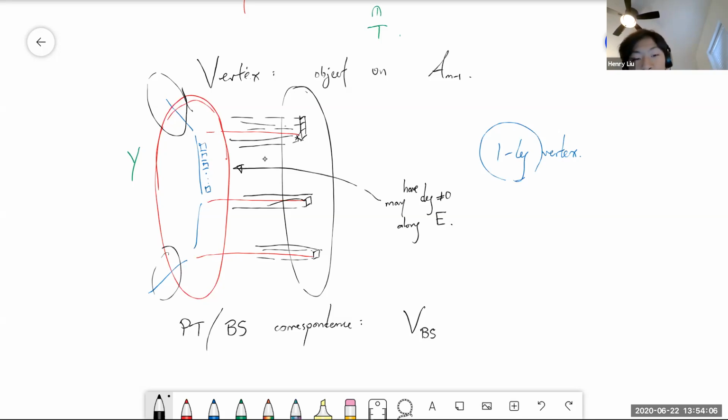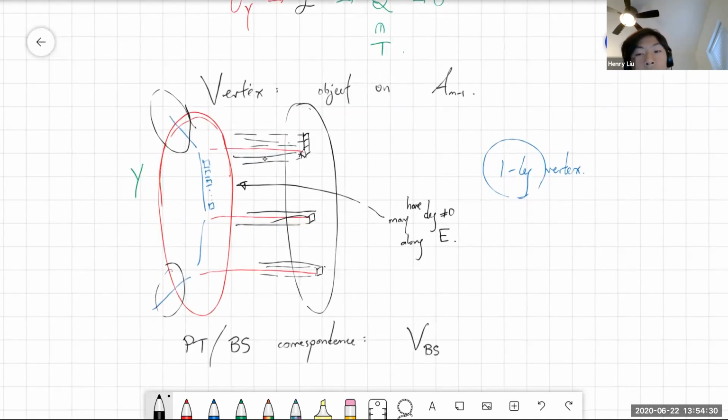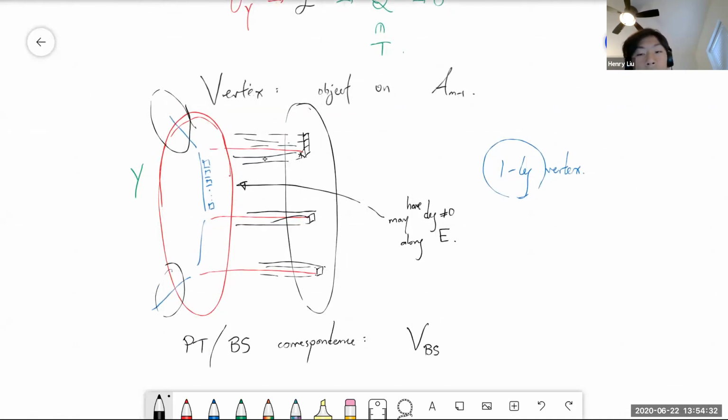Of course, in terms of actual boxes, there's more than one leg, but they're all pointing in the same direction. In principle, you can try to write down a two-leg or a three-leg BS vertex. The combinatorics of how to plop down boxes inside this picture will probably be more complicated. But for the purposes of comparison with quasi maps, there's not really a concept of a two or three leg vertex in quasi map theory.